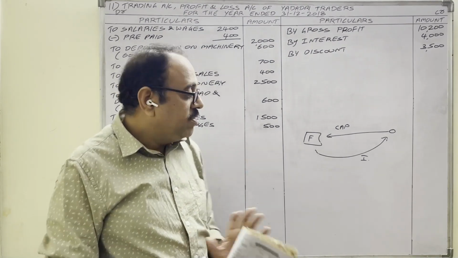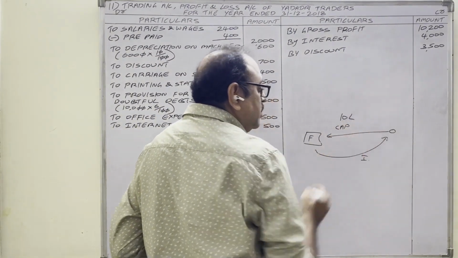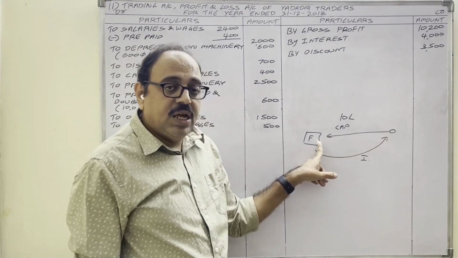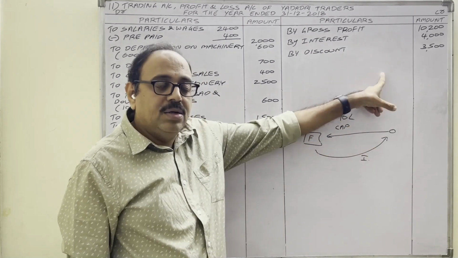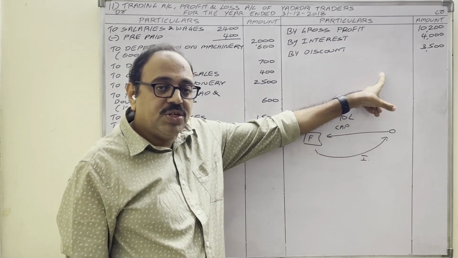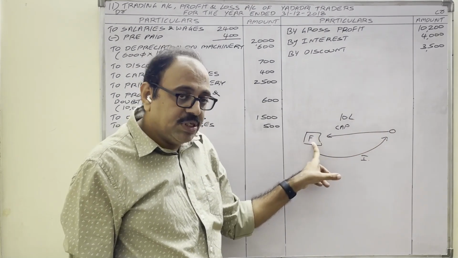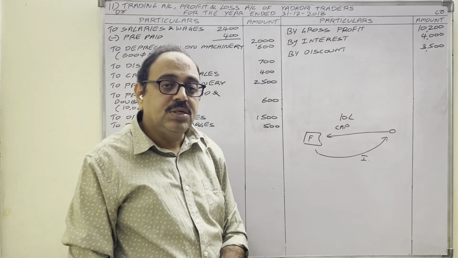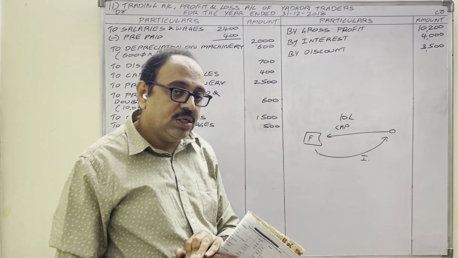See, there is one concept known as opportunity cost. What is that? For example, capital amount is 10 lakh rupees. Instead of investing in this business, if owner deposit this money in bank, then he gets some interest. No? So when he is investing that 10 lakh rupees in the business, owner is losing that bank interest. So in this business, how much profit we should earn?